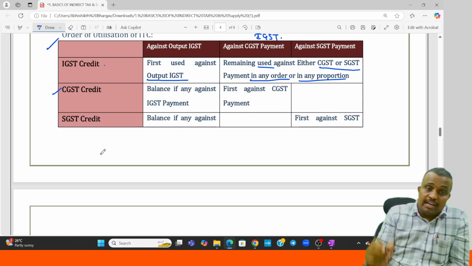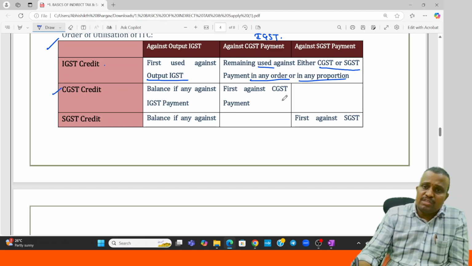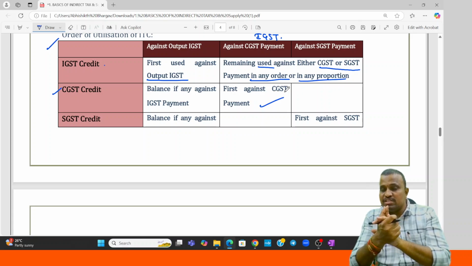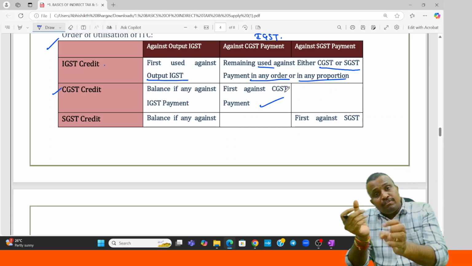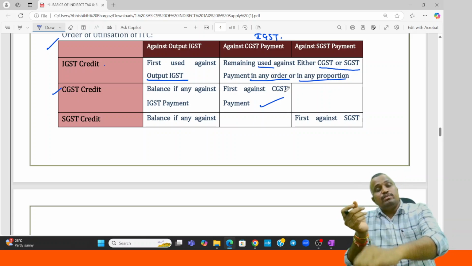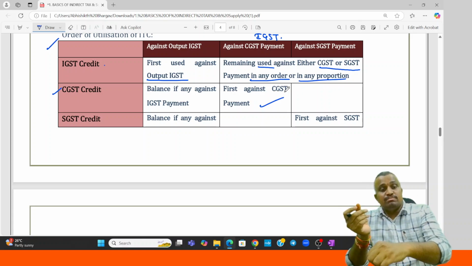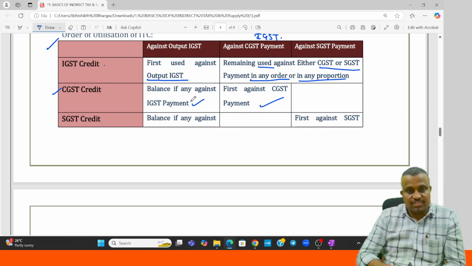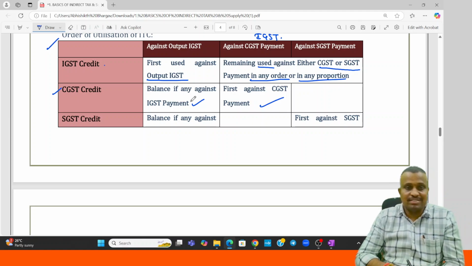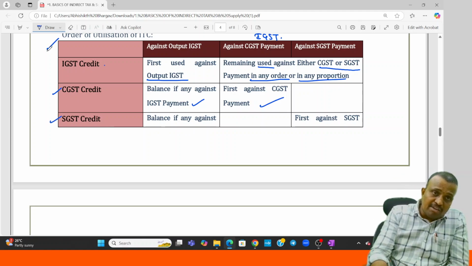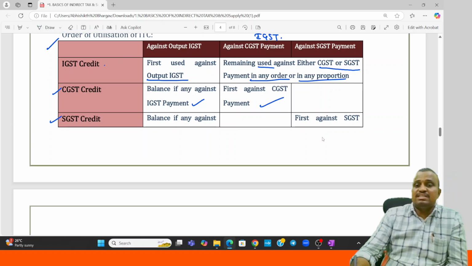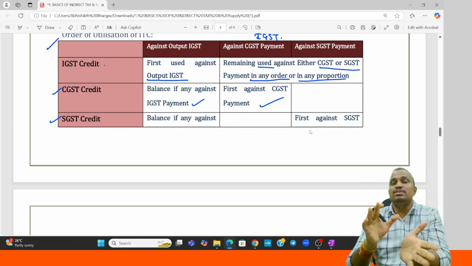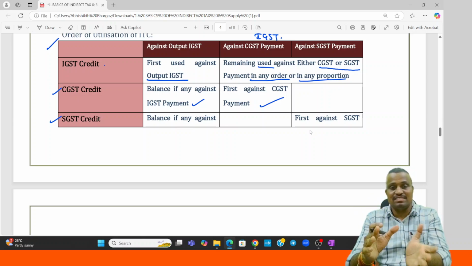Then input CGST is first utilized against output CGST only. After adjusting against output CGST, if any balance of input CGST we have, that can be used against output IGST. And input SGST is first used against output SGST, and the balance, if any, will be used against output IGST.